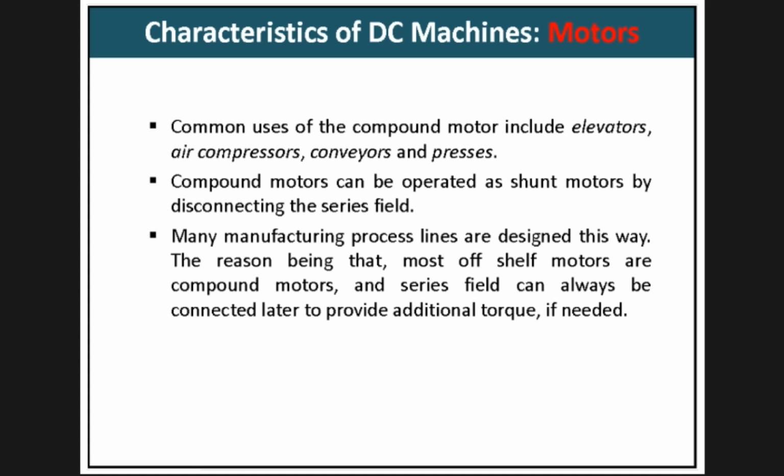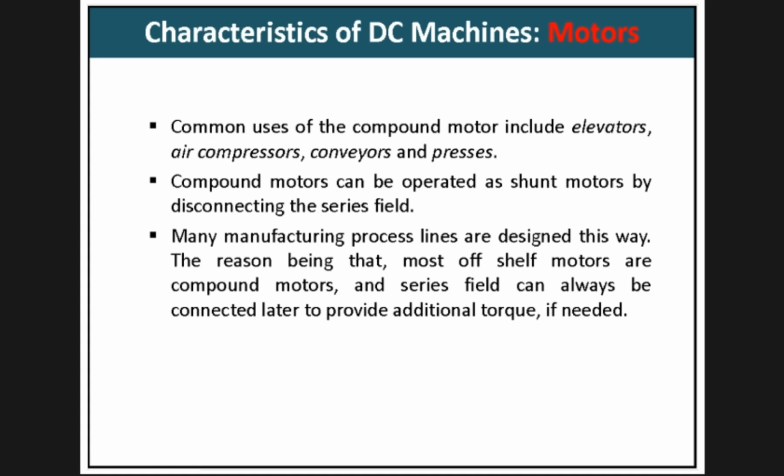If you just disconnect the series field, you can use it as a shunt motor. So many manufacturing process lines are designed this way. That means you can change a compound motor to a shunt motor.